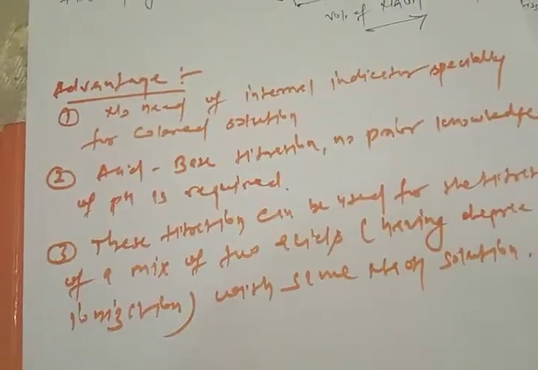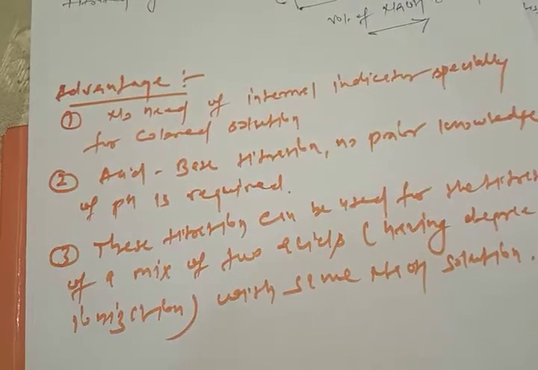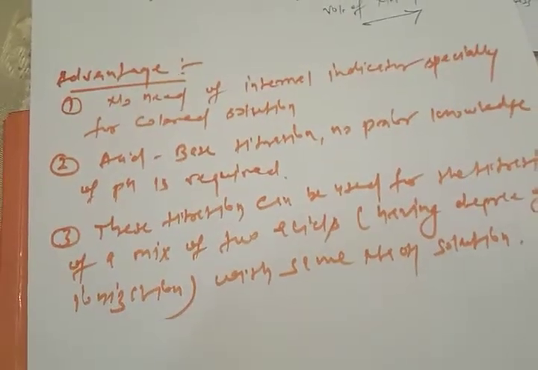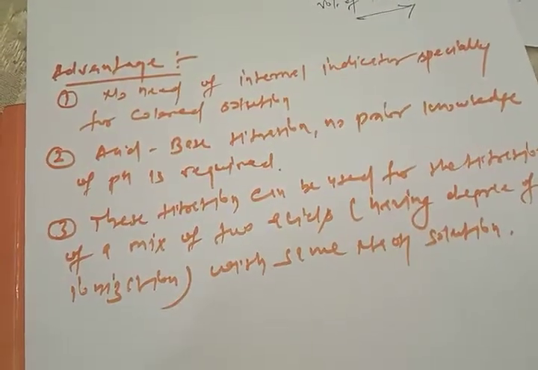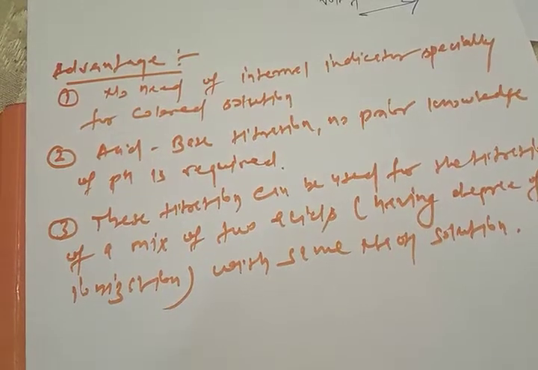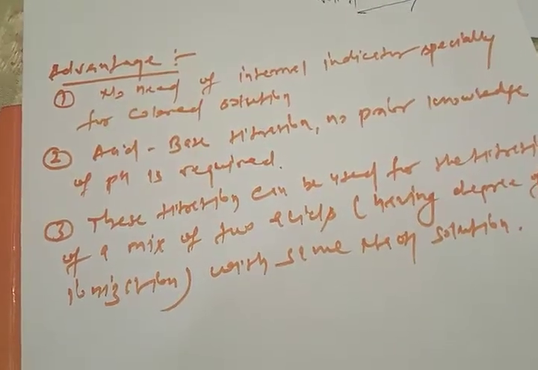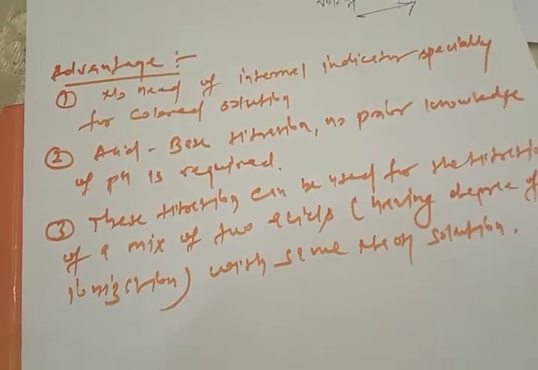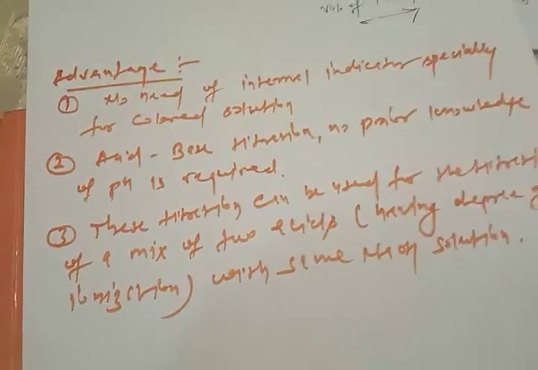Okay, this is very important, especially with silver nitrate: a mixture of chloride, bromide and iodide ions can be estimated by titration with silver nitrate.